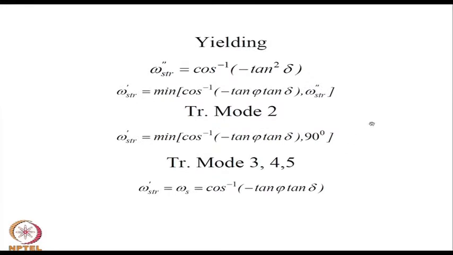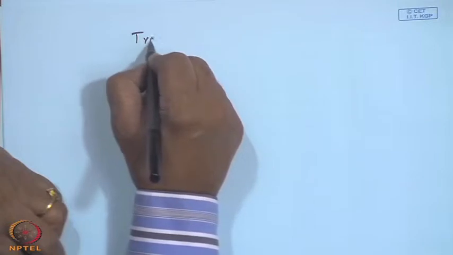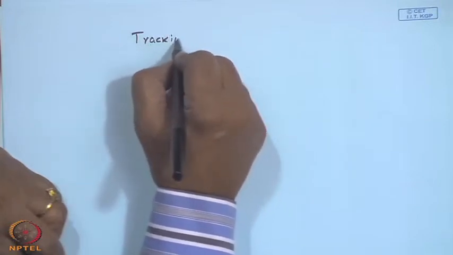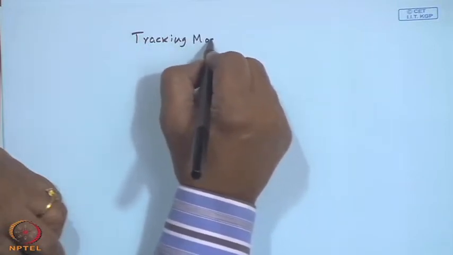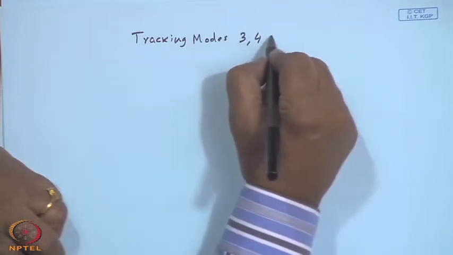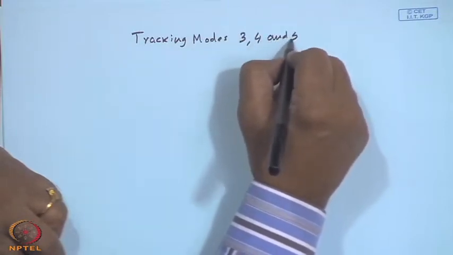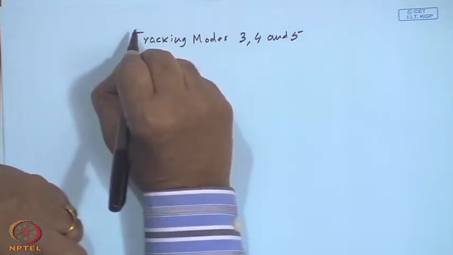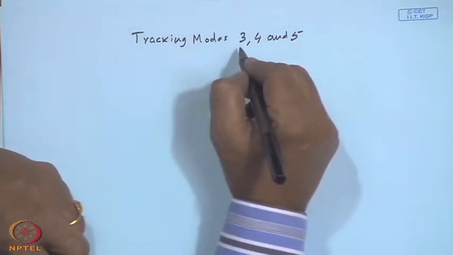For tracking modes 3, 4 and 5, 3 is a horizontal north south axis facing east at sunrise time and facing west at sunset time.